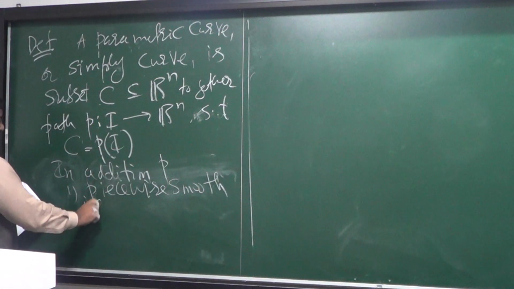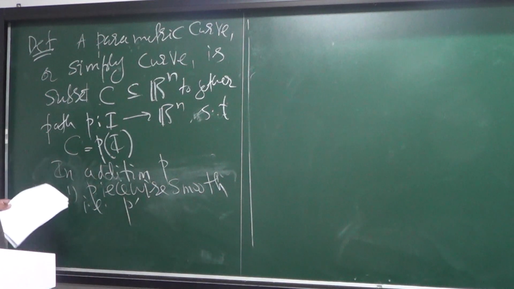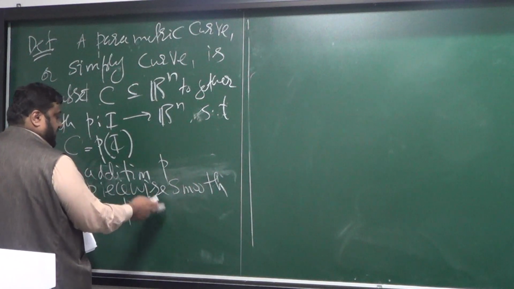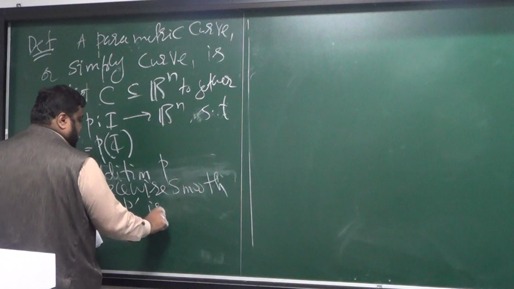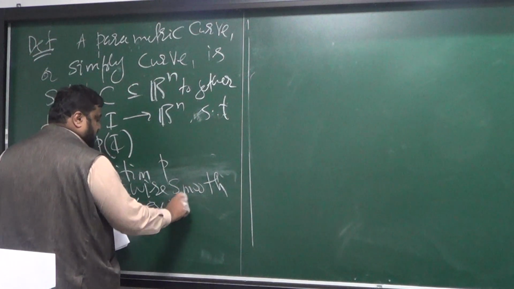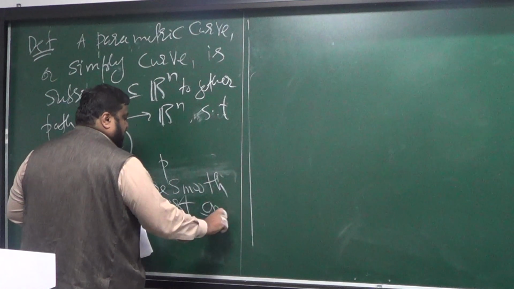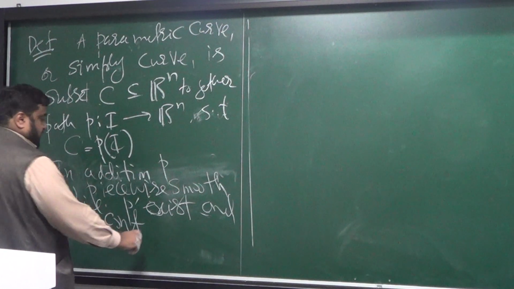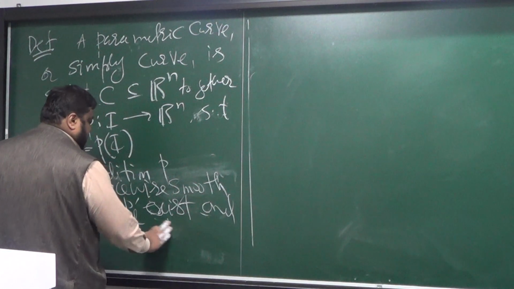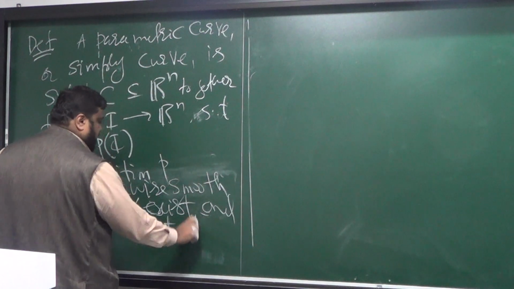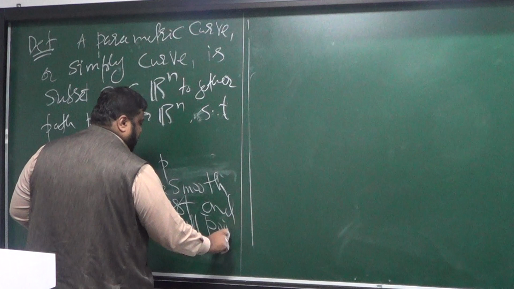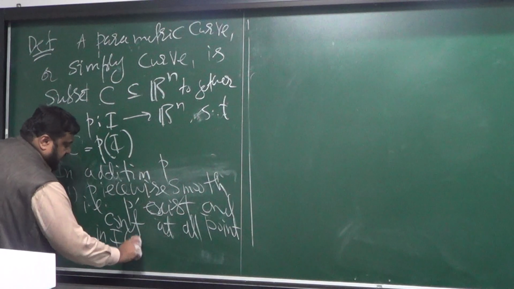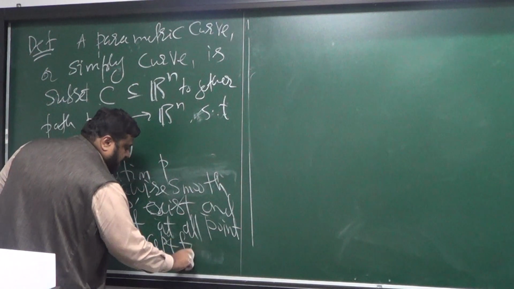It means that the derivative exists, and not only exists, but it is continuous at all points in I, and I must write except finite elements.